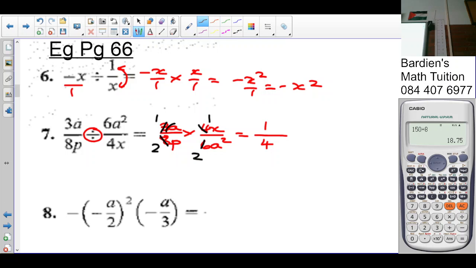I say x times a is ax, and p times a squared is a squared p. So what happens now? Where are there more a's? At the top. That a cancels with one of those. So it will be x over 4a. You guys understand? Any confusion there?